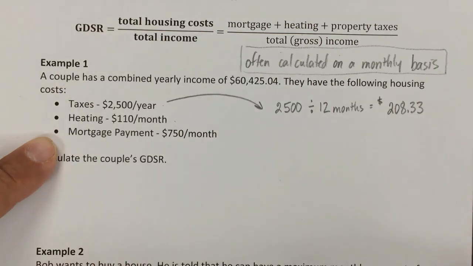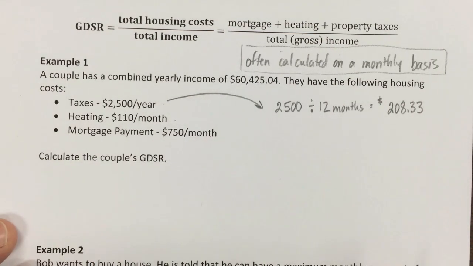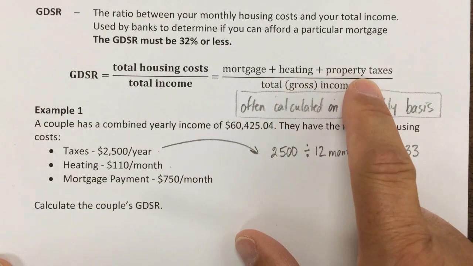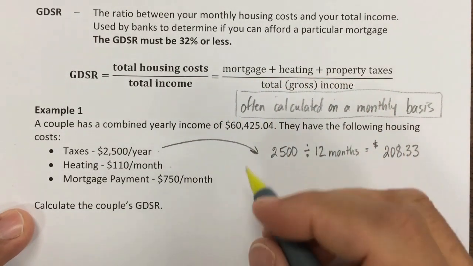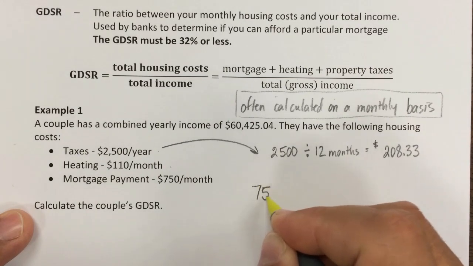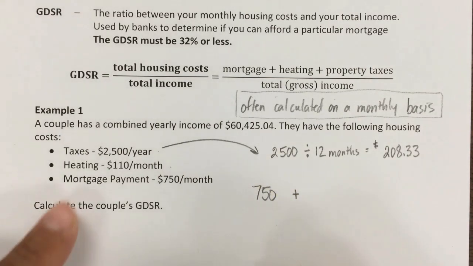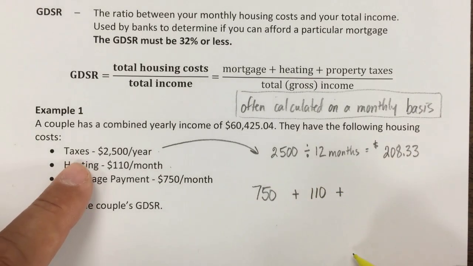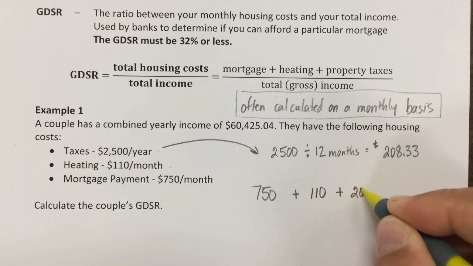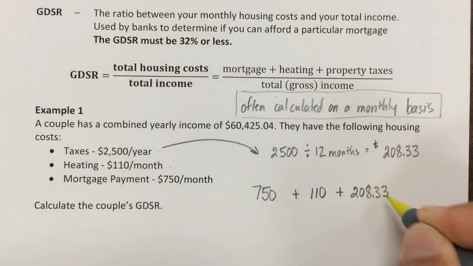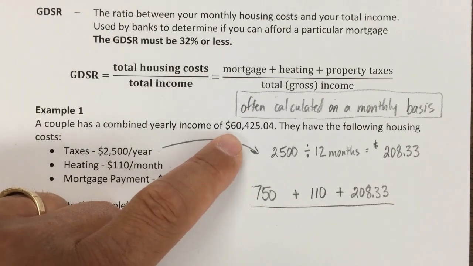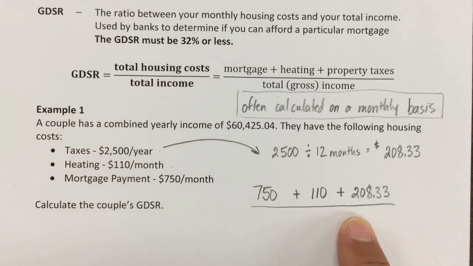Okay, so piecing all three parts together, we have the mortgage payment, the heating costs, and the property taxes per month. So we'll start with the mortgage payment of $750. We're going to add the heating costs of about $110 per month, and the taxes we've now figured as $208.33. That's going to be our grand total, and we'll divide that total by our, oops, I jumped ahead of myself, by our monthly gross income.